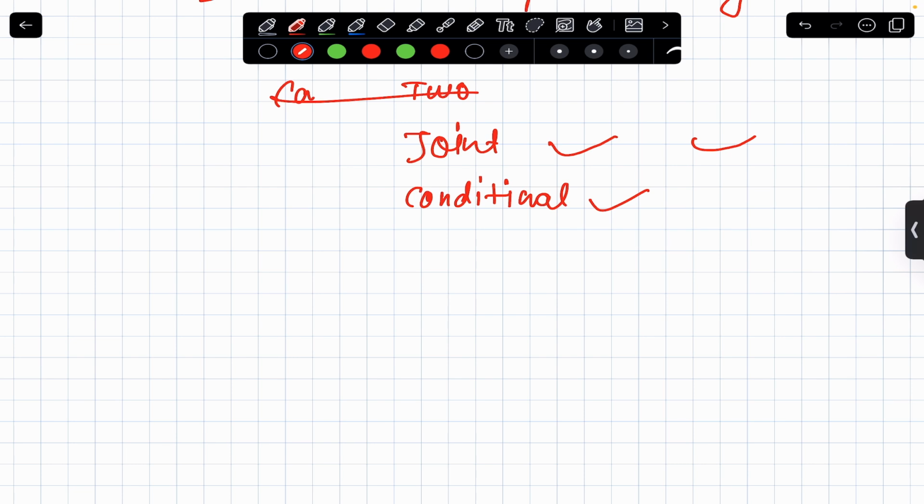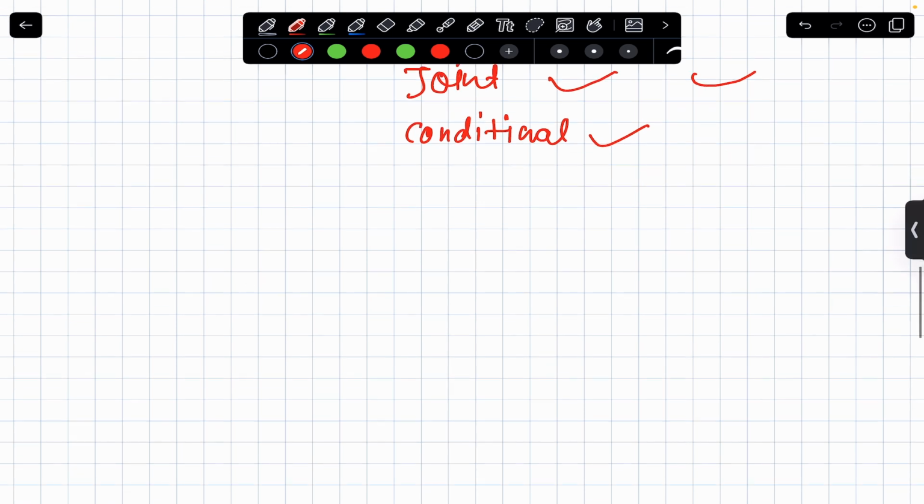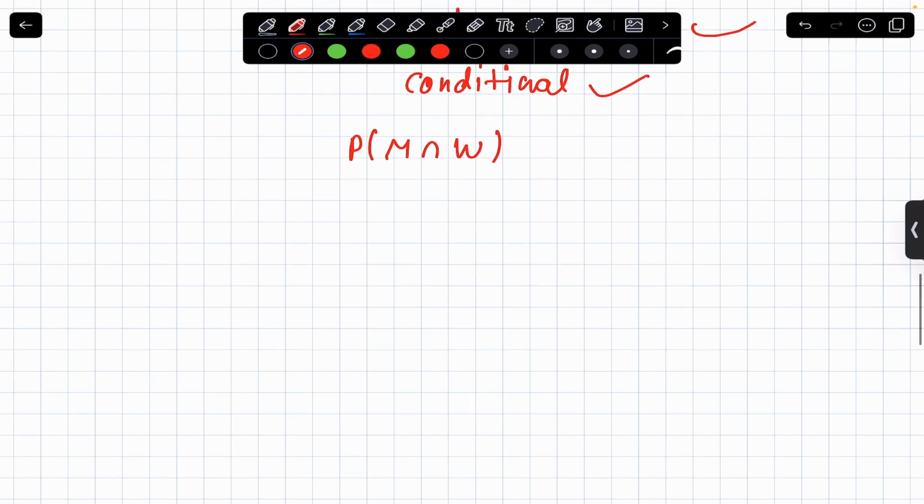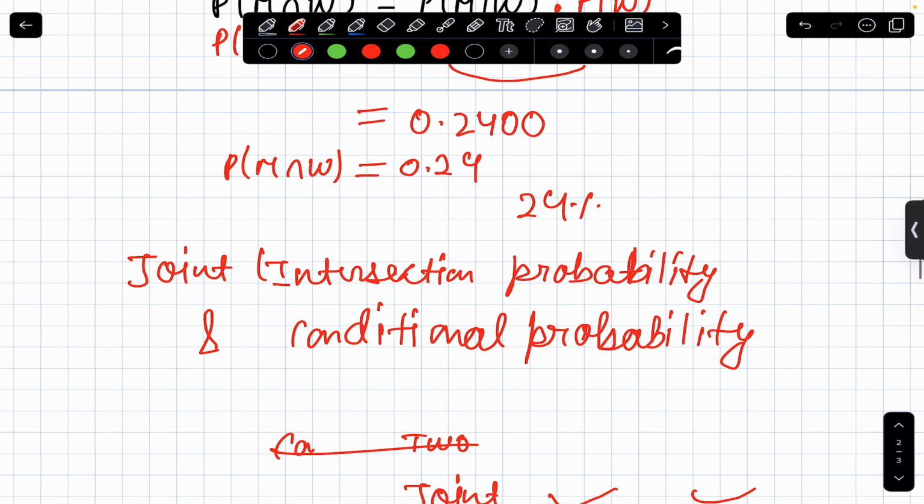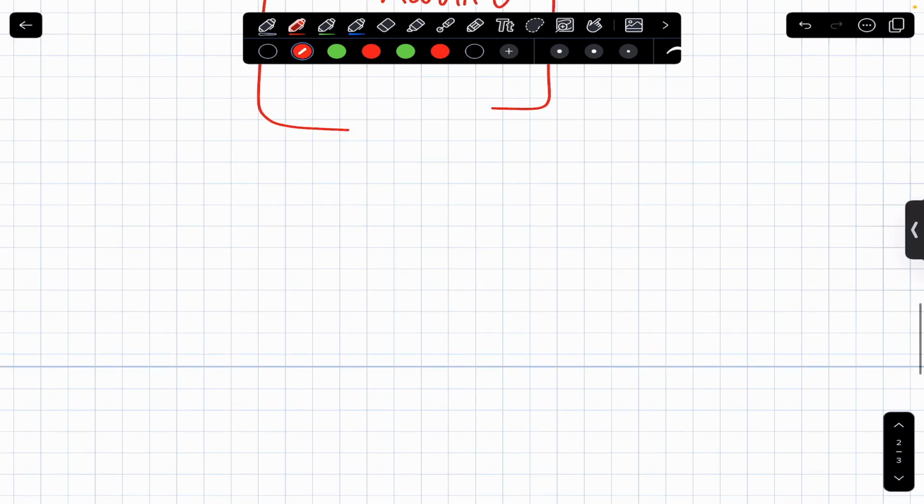According to the previous example, we had to find the probability of a woman who is married. So we had two conditions: first is being married, and the second is being a woman. This is where we need joint probability. In conditional probability, we use it when one condition is already satisfied.